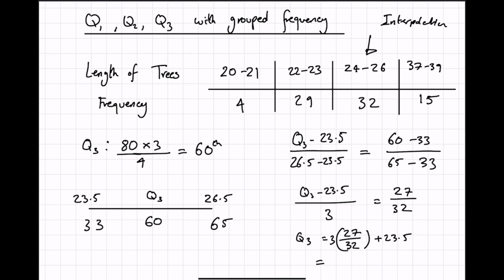Let's put that into our calculator. 27 divided by 32 times 3, and then add 23.5 tells us the value we get here is 26.03. So that is what your length would be.